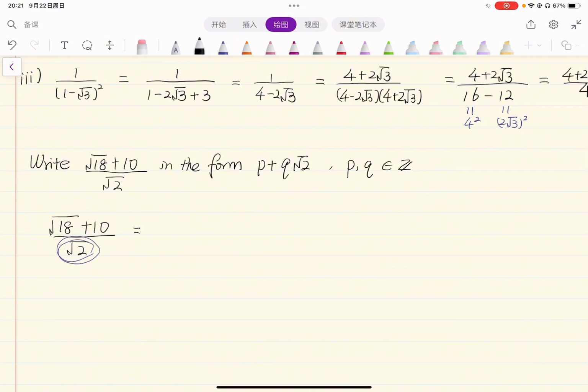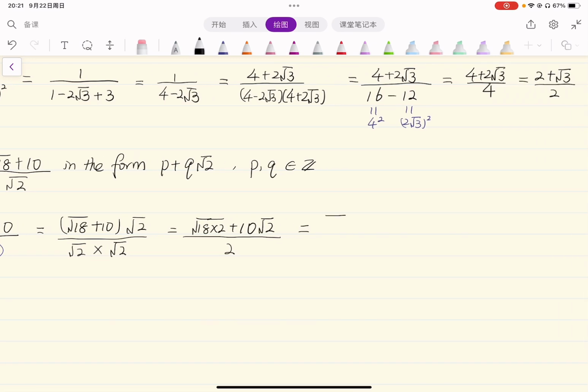So we have square root of 18 plus 10 times square root of 2, over square root of 2 times square root of 2. We need to expand the bracket, so it's square root of 18 times 2, plus 10 square root of 2, and in the denominator we have 2.